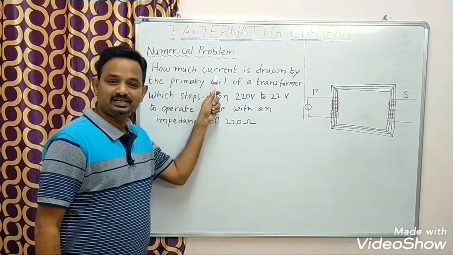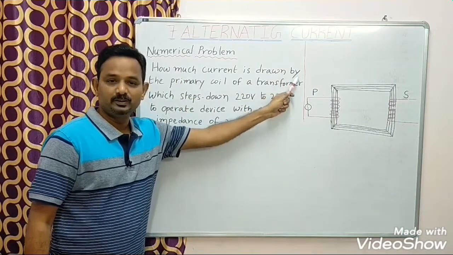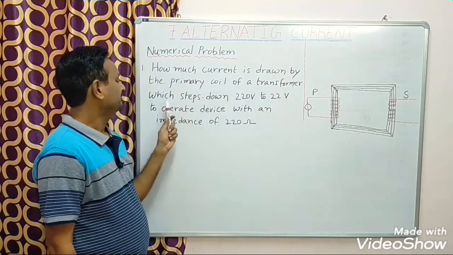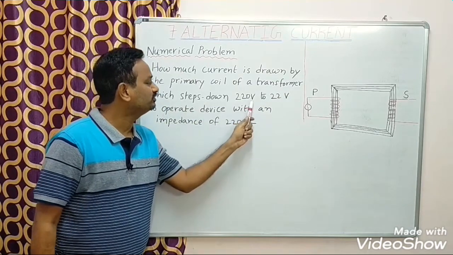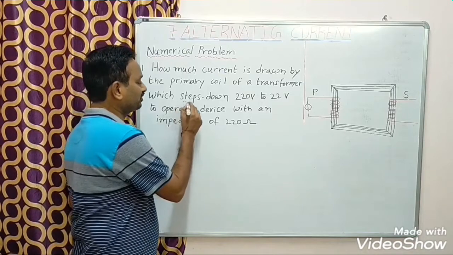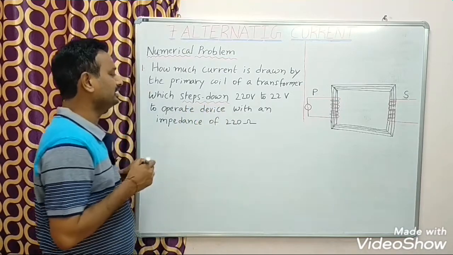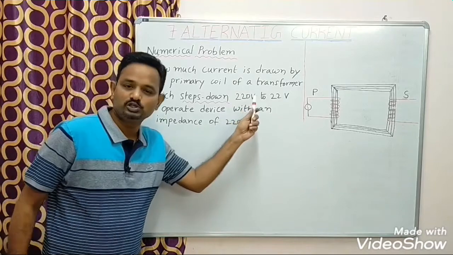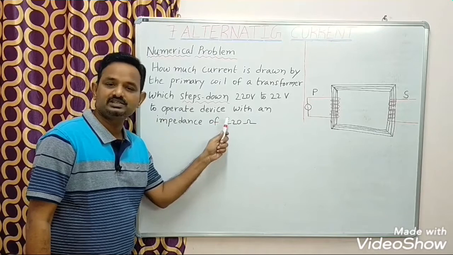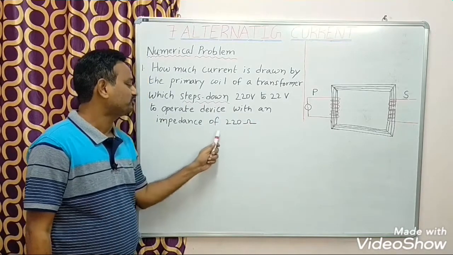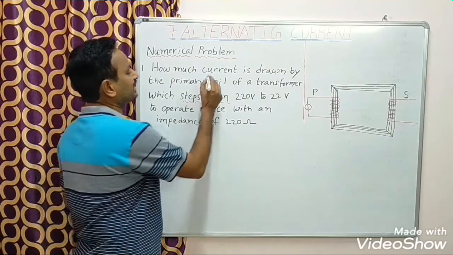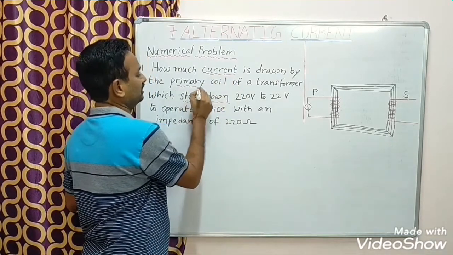How much current is drawn by the primary coil of a transformer which steps down 220 volt to 22 volt, to operate a device with an impedance of 220 ohm? Here we need to calculate the current in the primary coil.